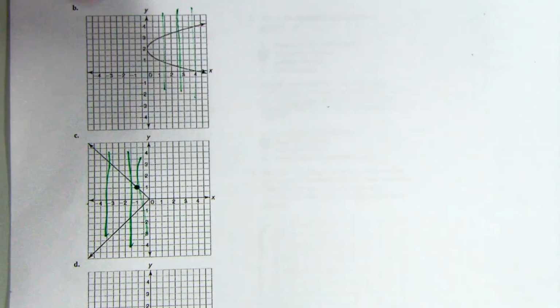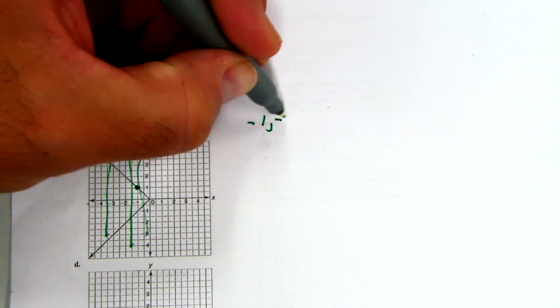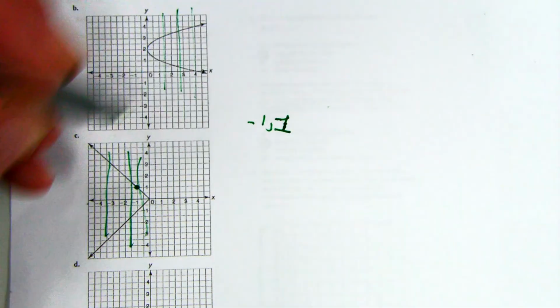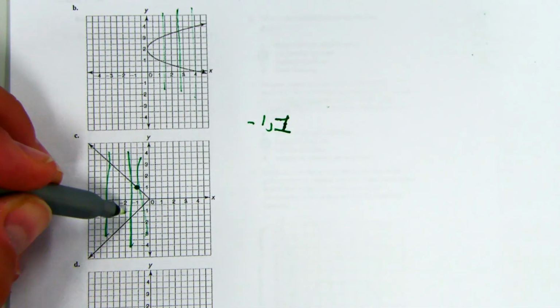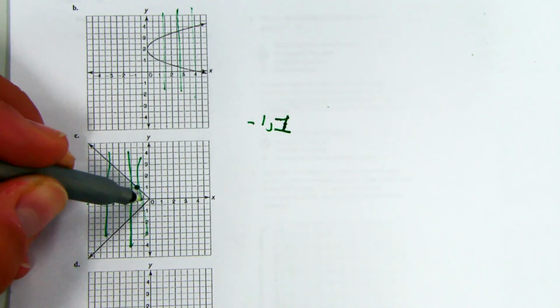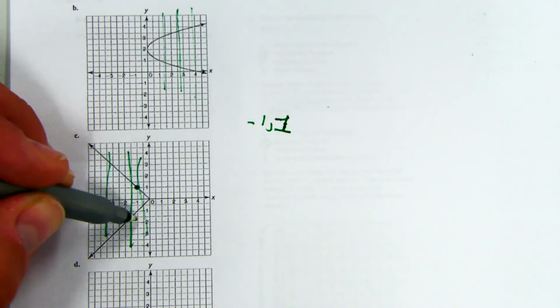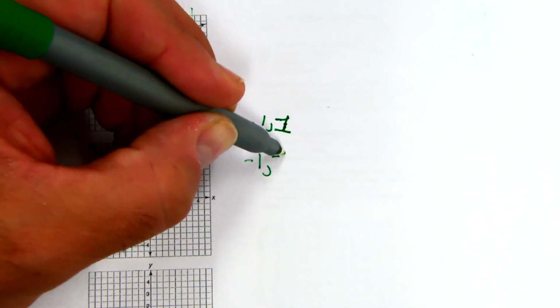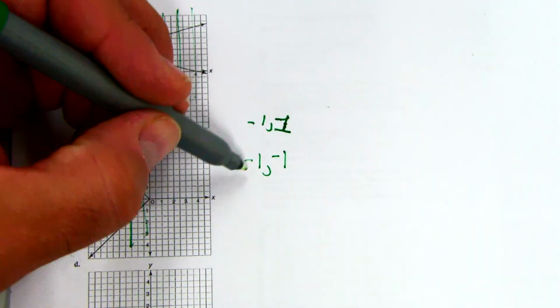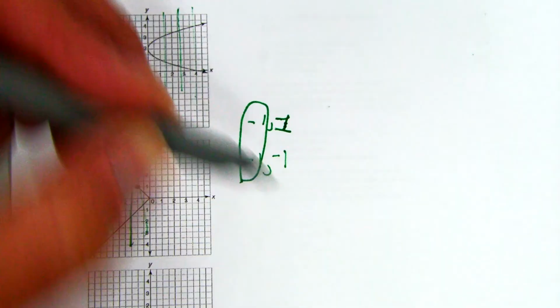If you wrote down these 2 points, you would know that that one is -1, 1, and then down here is -1, -1. And you would realize, wait a minute, I have the same x value twice.